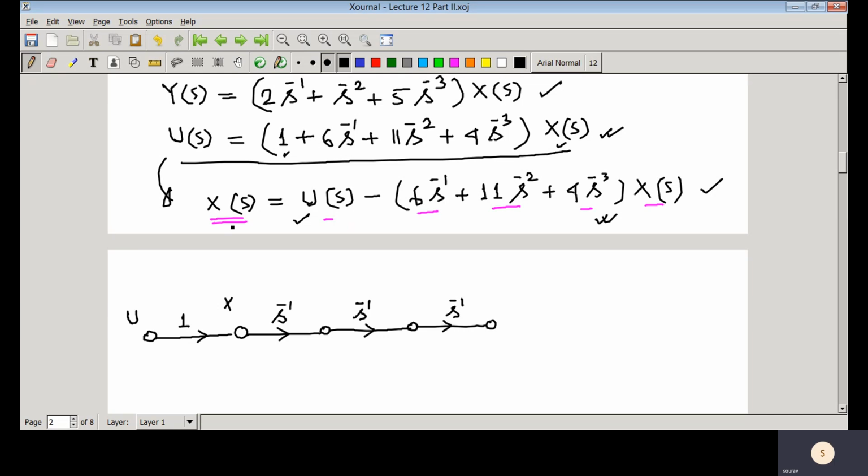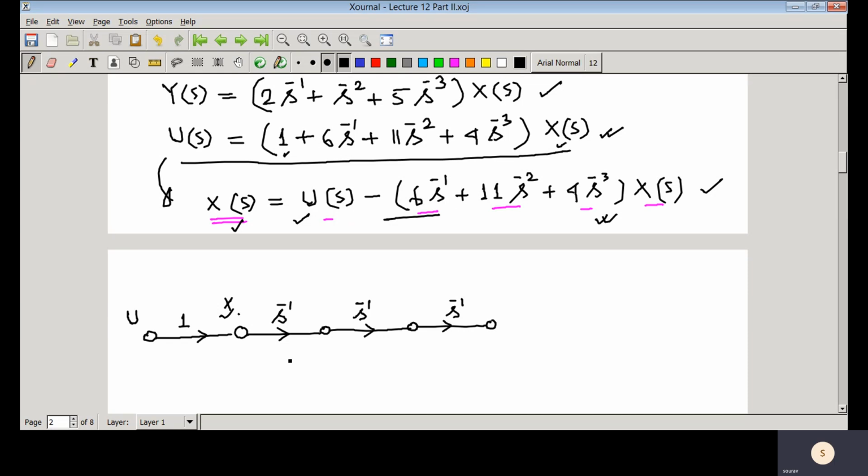So here you can see that this node is indicated by x. So x equal to u, then you can see here minus 6 s to the power minus 1.